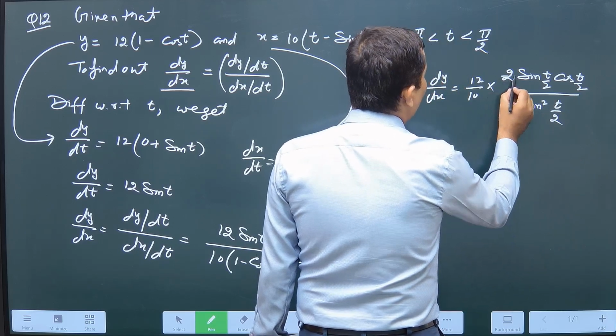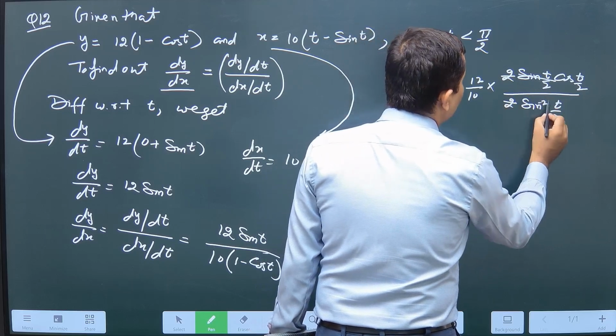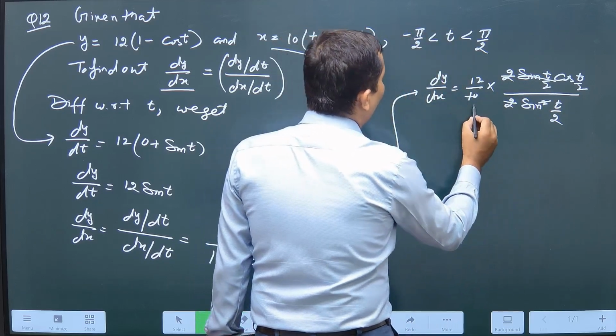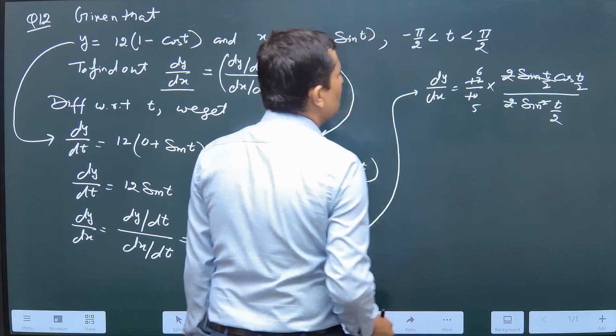This means these two cancel, this sin t by 2 cancels one of it, and 2 fives and then 2 sixes.